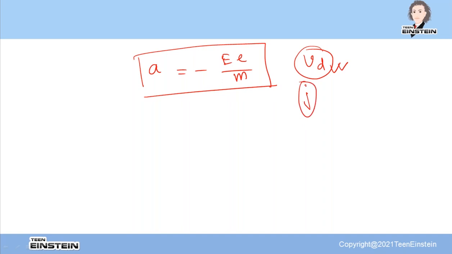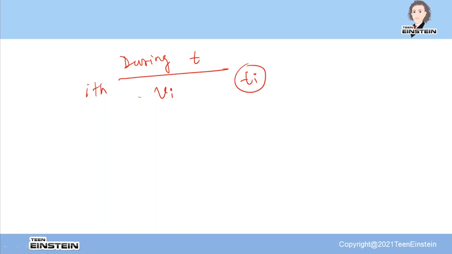Let us now see the situation during time interval t. Suppose my ith electron has velocity vi just after one collision, and suppose it takes time ti before the next collision.